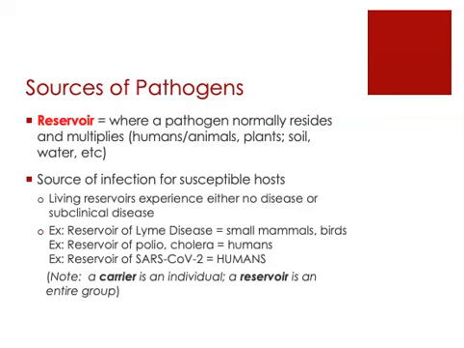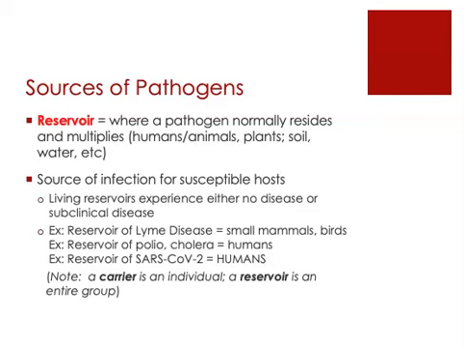The reservoir for Lyme disease is actually pretty varied. It's several different small mammals, and it's several species of bird. So those animals, those small mammals and birds, are a place where the Lyme disease bacterium normally resides.